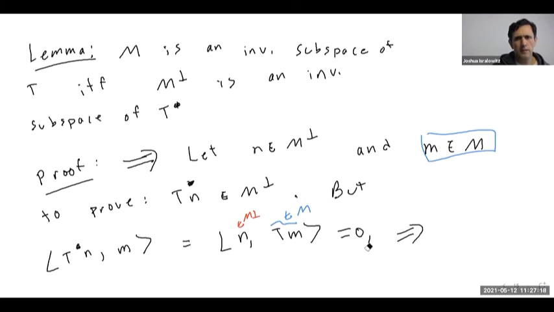That implies exactly what we want: that T star n is in M perp.